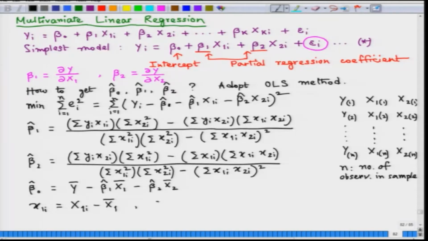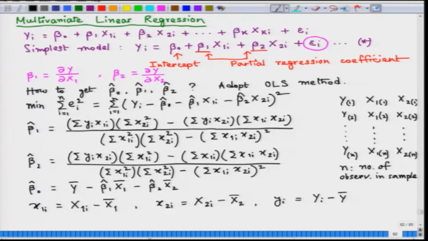Similarly, we can write x lowercase 2 i equals x 2 i minus the arithmetic mean of the variable x 2, and similarly y i is also centered around the arithmetic mean of the dependent variable.